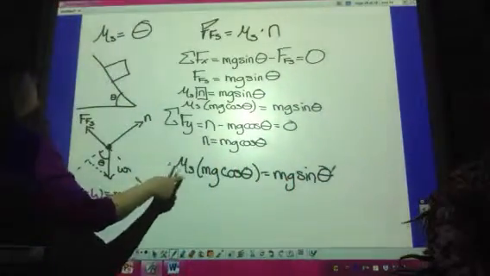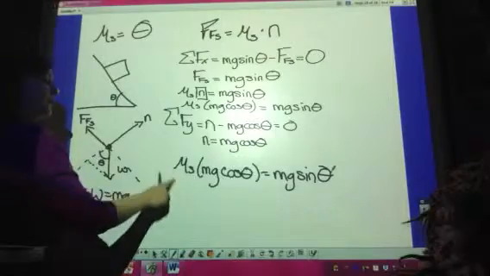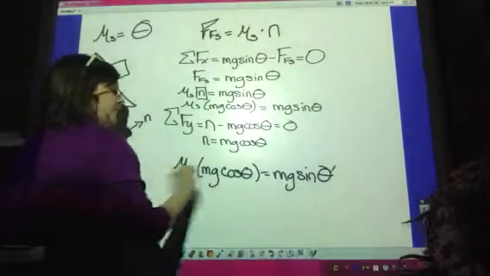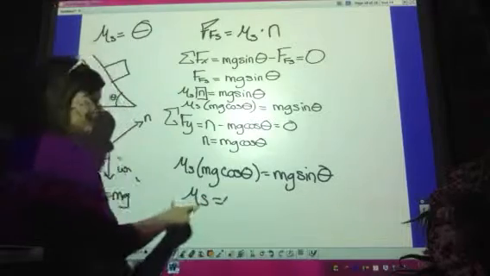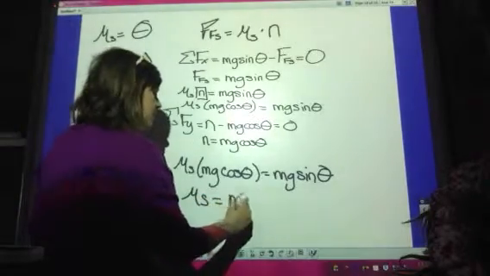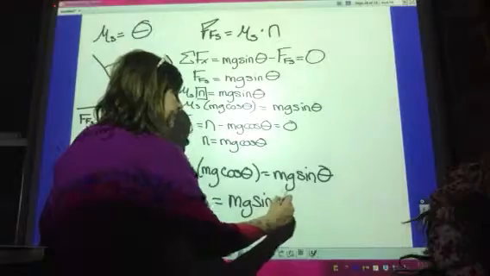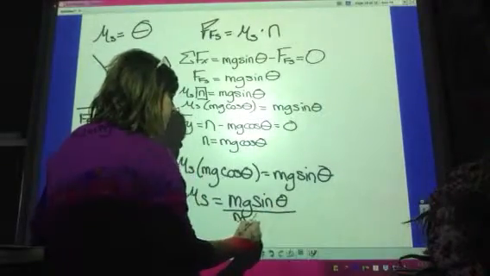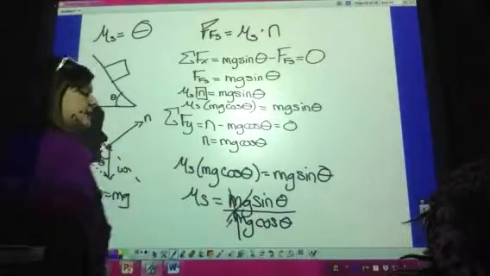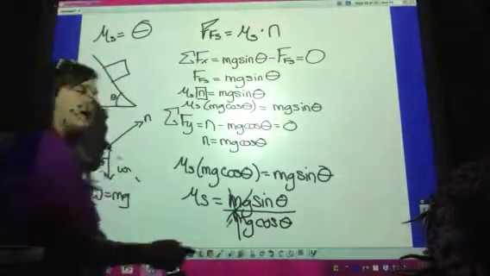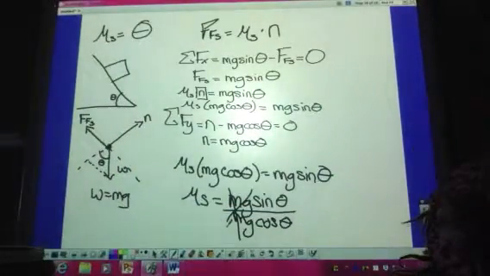Okay, to see what coefficient of static friction would be equal to, then let's divide both sides by this mg cosine theta. If I did that, I'd have my coefficient of static friction equals mg sine theta over mg cosine theta. What happens to the mg's? They cancel out. And sine theta over cosine theta would just be tangent theta.